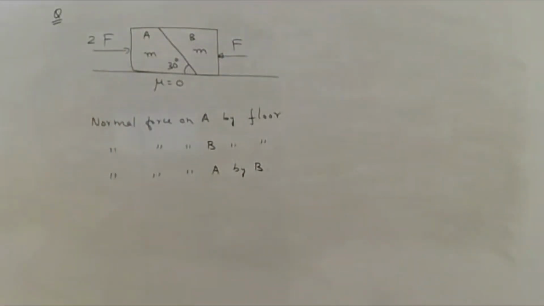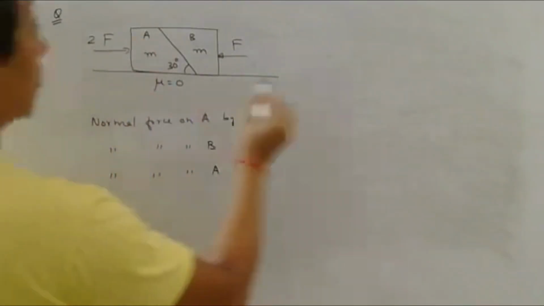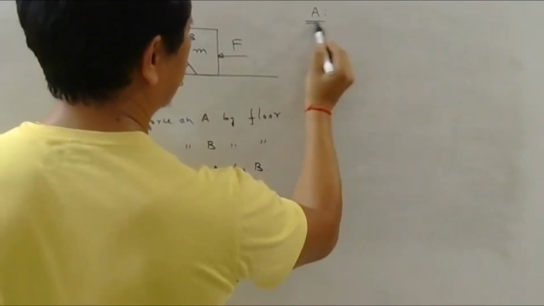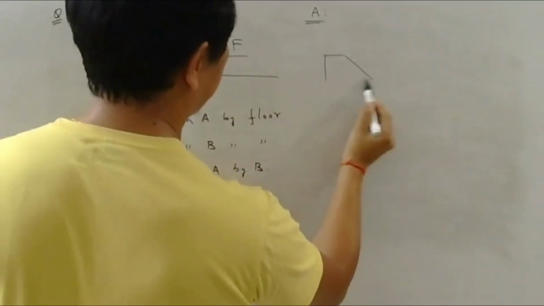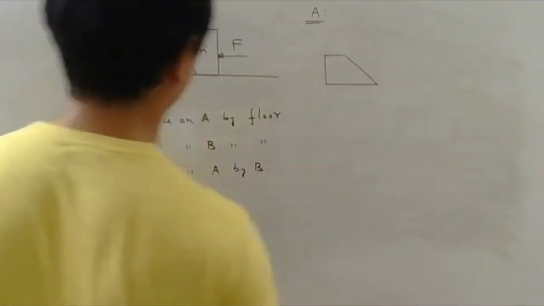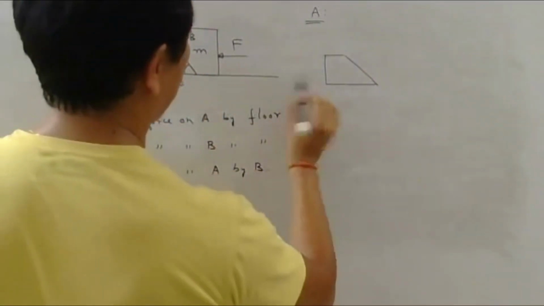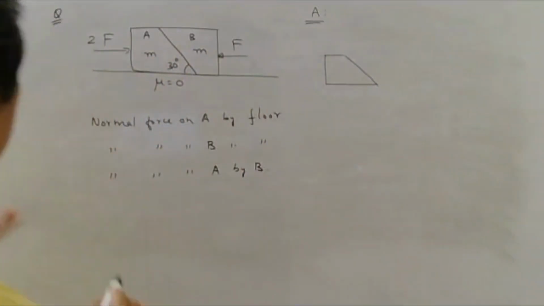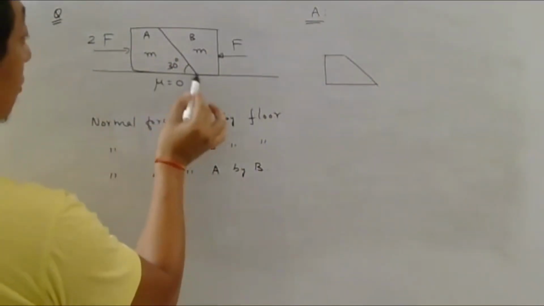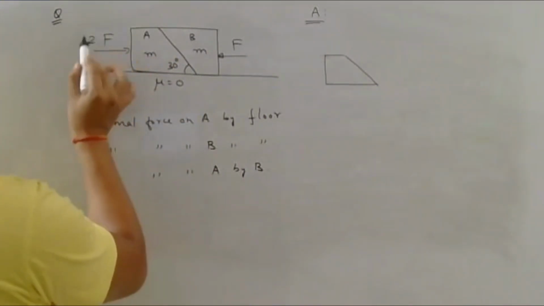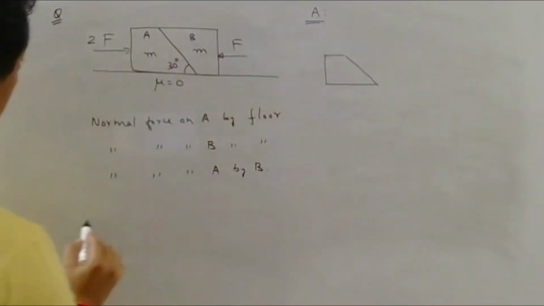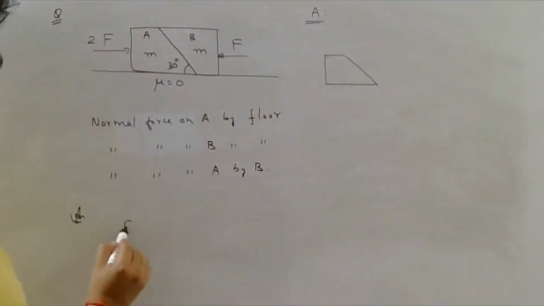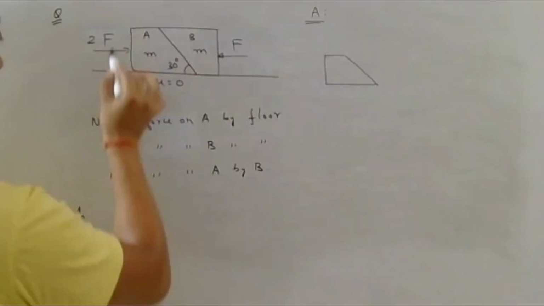Okay, then how will you do this problem? Simple, students. First you take A as system. Then draw the forces. The first thing is to check whether it will accelerate or not. Obviously it will accelerate because first of all there is no friction here and this force is greater than this force. So the first thing is to find the acceleration of the whole system.